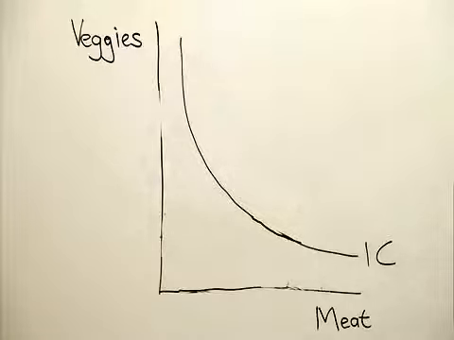And then the third assumption is one of non-satiation, or another way of putting that is people always prefer more to less. You'll always want more rather than fewer of a good.